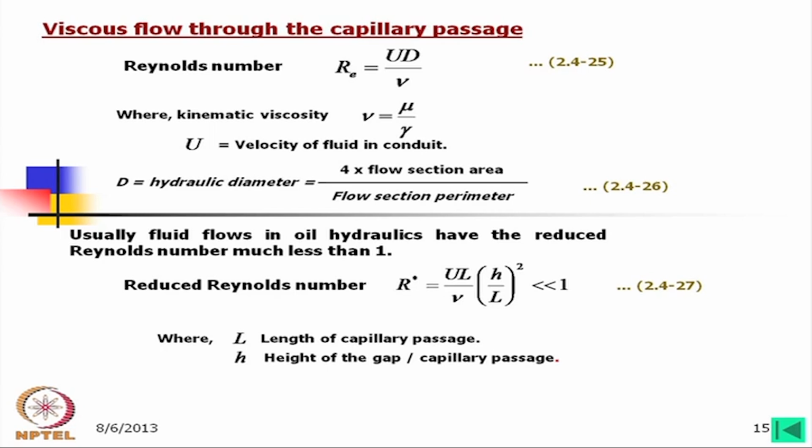This is for an example. Even in a pipe we can consider L as the length and H simply the inside diameter of the conduit, but this is more useful where the flow is between two parallel plates or some capillary passage.